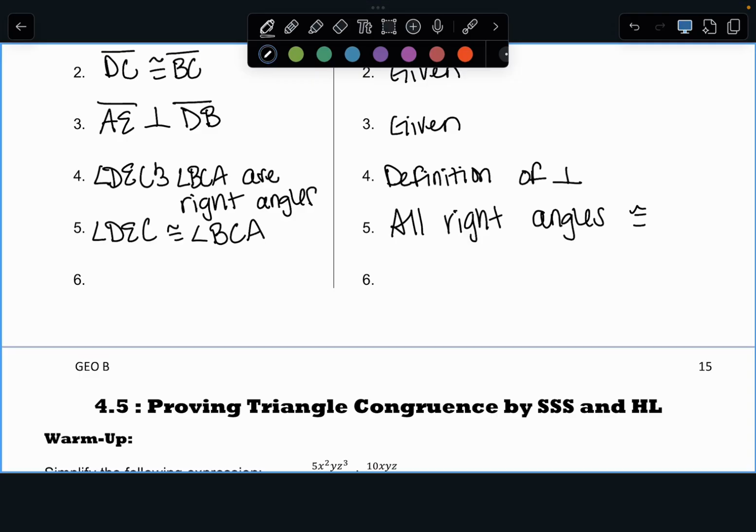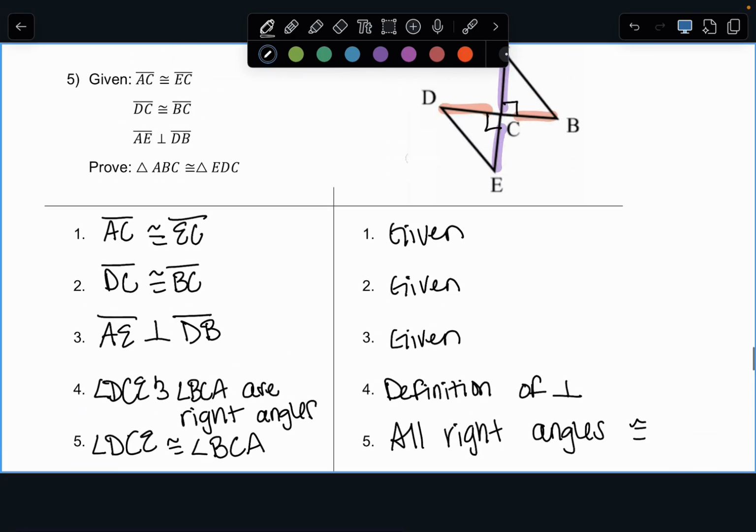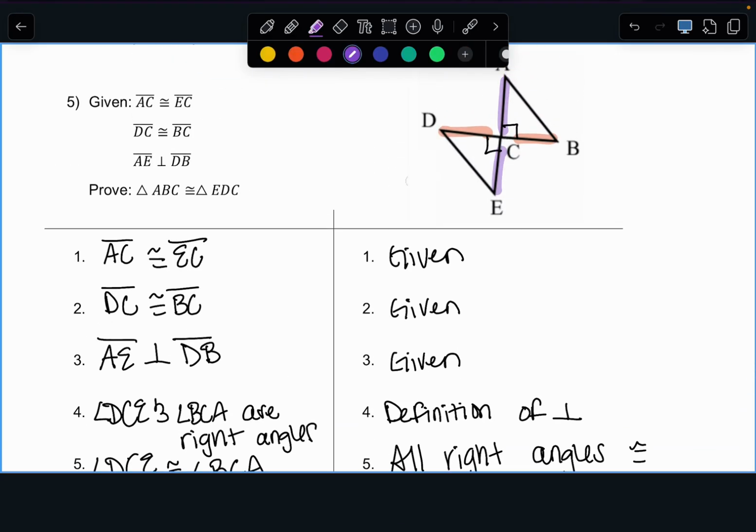Angle DCE, this is flipped around, DCE and BCA. So if we fill out our picture, here's what we have now with our colors. We can say that the triangles are congruent by which theorem? What do we have if I trace this out? Say it with me.